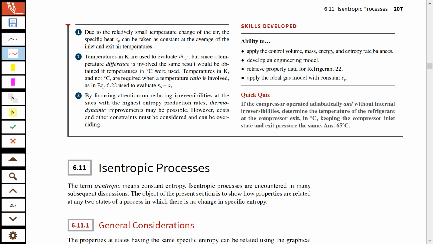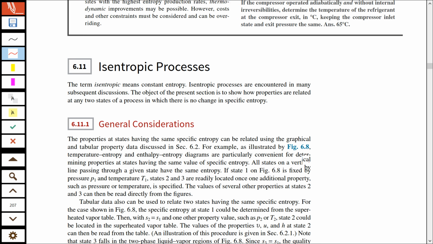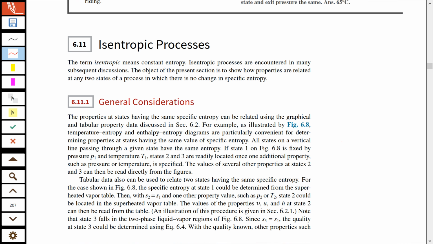So you must now notice that the way I am glossing over these examples, the focus is not to solve these problems. The focus is just to recognize the importance of this entropy rate balance.